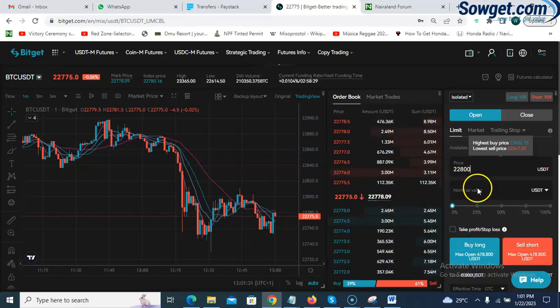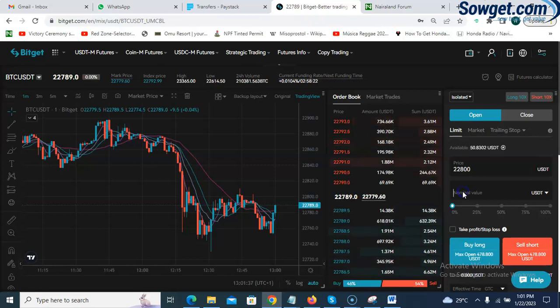Once you have entered the price here, the next thing you need to do is enter your nominal value. Nominal value is just the total value of the order you want to enter, so that is with your leverage. Let's say I type in 100.